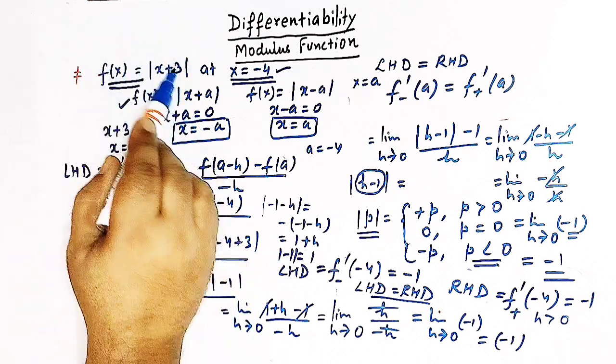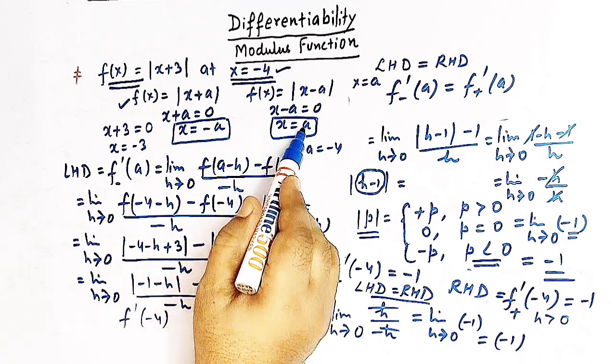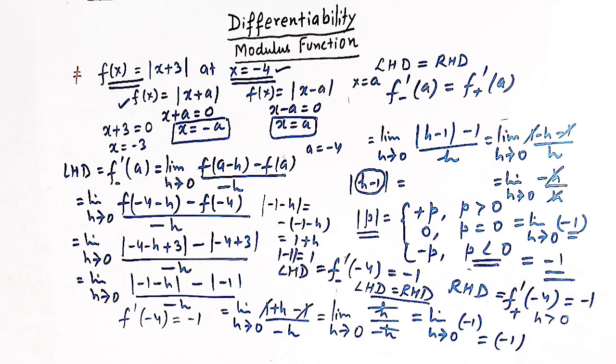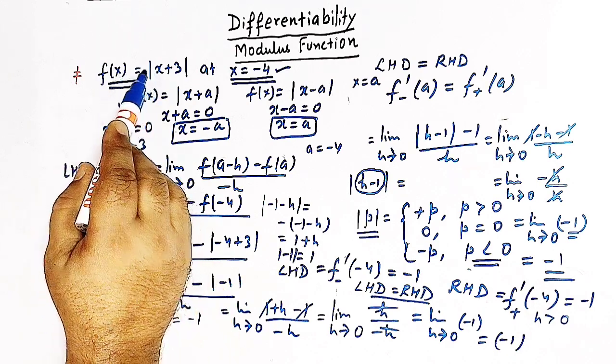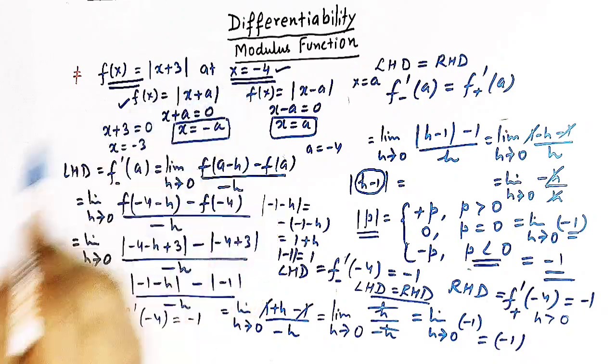It means this function is differentiable at this point x equal to a, that is x equal to minus 4, and f prime of minus 4 is given by the common value, that is the left hand derivative is minus 1, the right hand derivative is minus 1. So here we have minus 1. So we can say that this mod function, mod of x plus 3, is differentiable at x equal to minus 4.